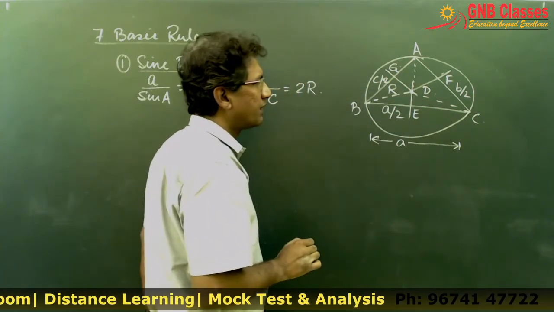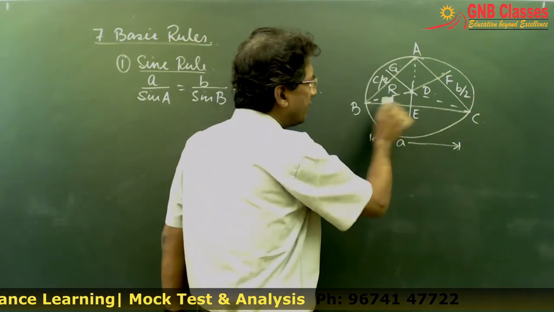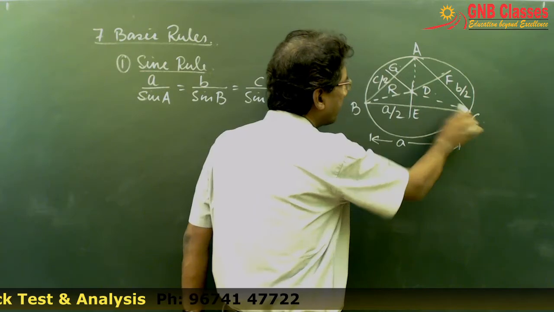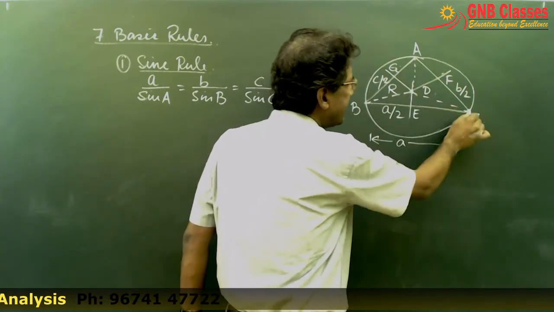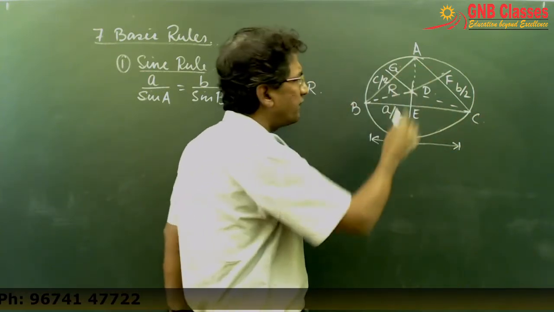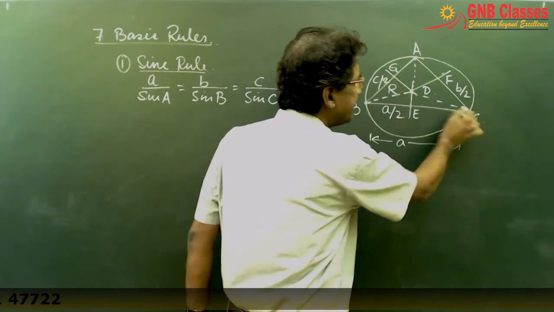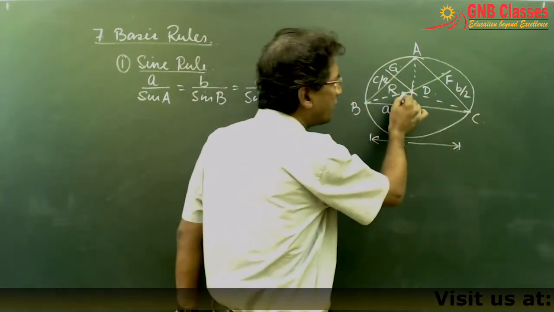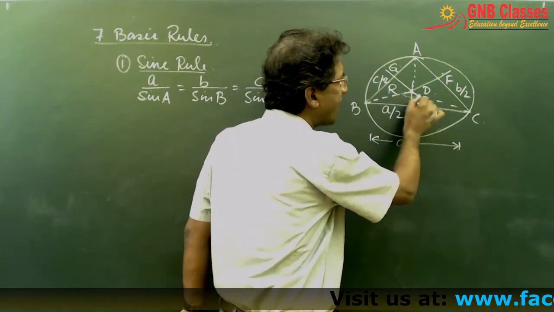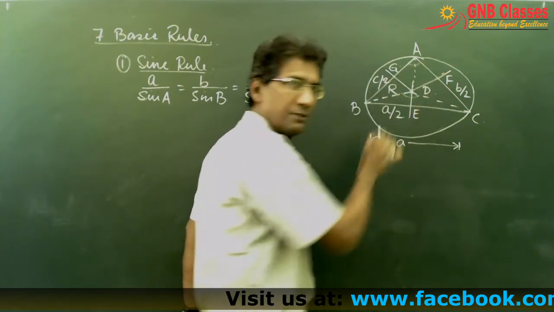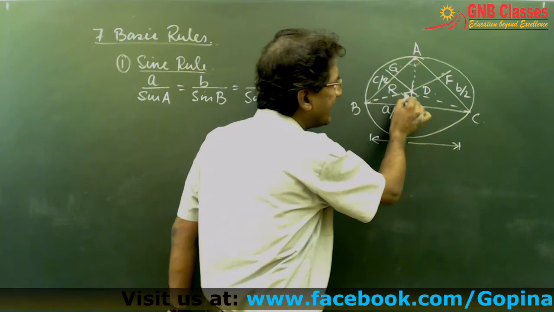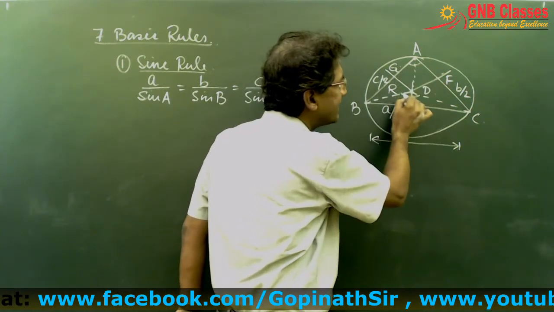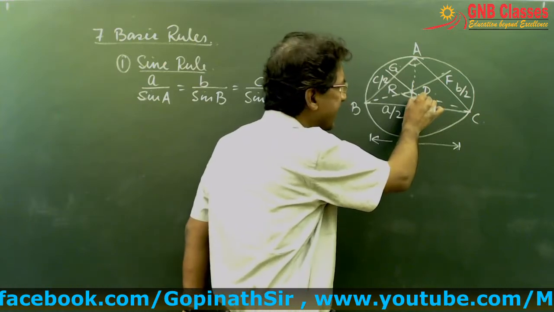Is it clear? Now, standing on the arc BC, BAC is the angle formed on the circumference and BDC is the angle formed at the center. We know that the angle formed at the center is twice the angle formed here. So this angle is A, therefore this angle is 2A.